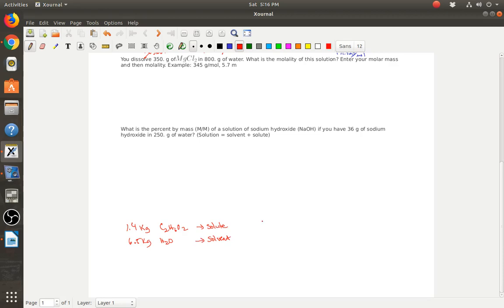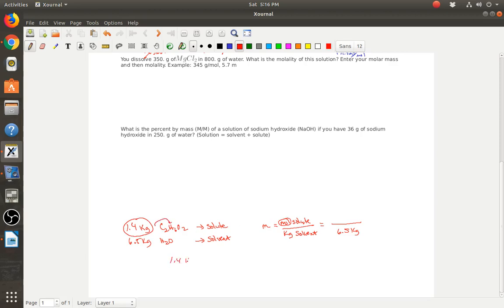Now, I asked you to calculate molality, and molality is the moles of the solute over the kilograms of the solvent, not the solution this time. So the solvent I already got the kilograms of, 6.5 kilograms. But I don't have moles of solute, so I have to convert 1.4 kilograms of this stuff into moles.